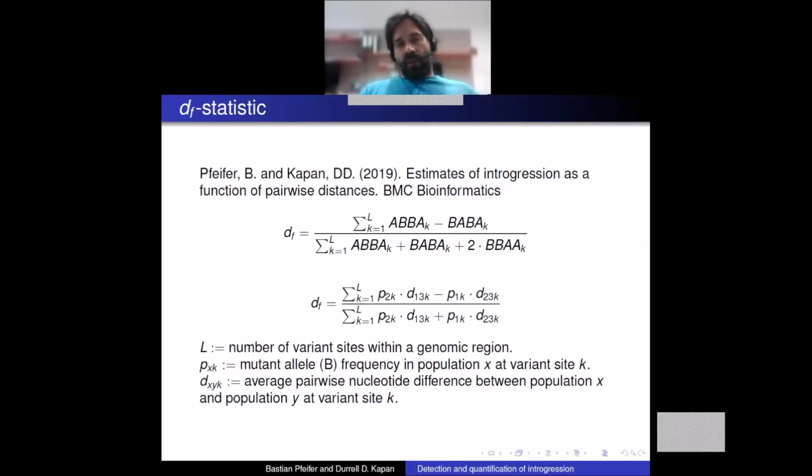And from this formulation, we can easily go back to the pattern version, and it turns out that our statistic is quite similar to the Patterson's D, but this special term is added in the denominator, 2 times BBAA.